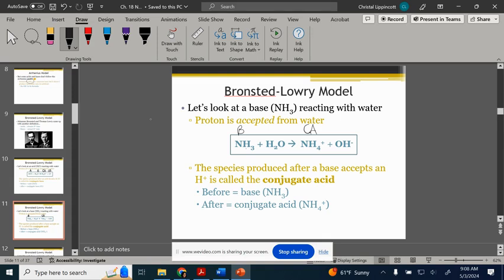Now this may not look obvious, but remember back in the day when we were balancing equations, we could write that guy as HOH. Do you remember doing that? So if this guy is written as HOH, can you see how those are similar to one another now?